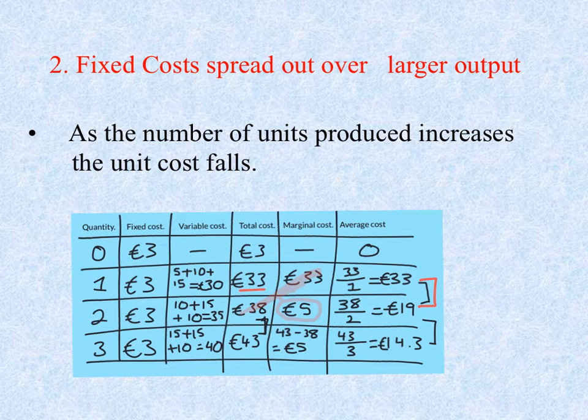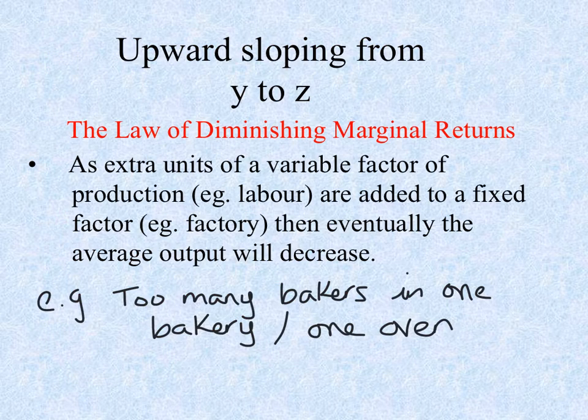We only have 1 unit, so that means 33 is the average cost of producing that 1 unit. Then we have a total cost here of 38. Again, 38 divided by 2, we see a decrease to 19, and so on. And what we can see is that the fixed cost of producing 1 was €3. The fixed cost of producing 2 was €1.50. The fixed cost of producing 3 was €1 a piece. So we see that it falls each time.